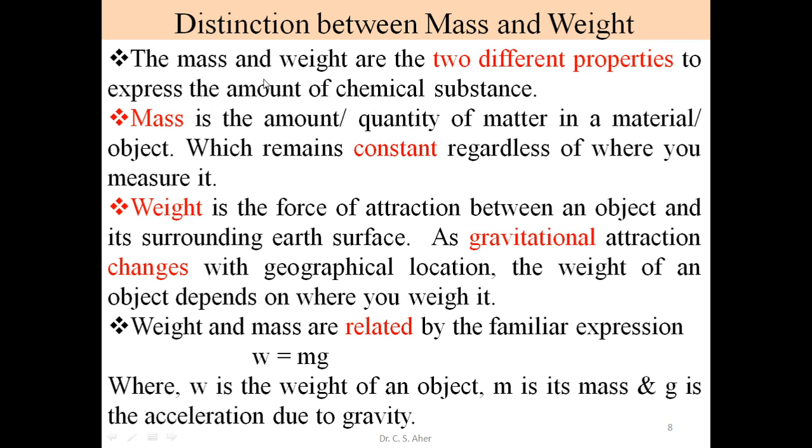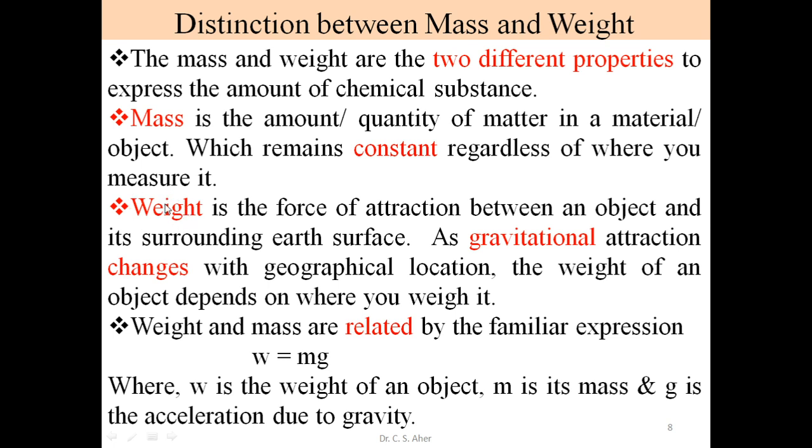Both are useful to express the amount of substance, but they are different. Mass is the amount or quantity of matter in a material or object, which remains constant regardless of where you measure it. So mass is a constant term. It is the amount or quantity present in an object or material.